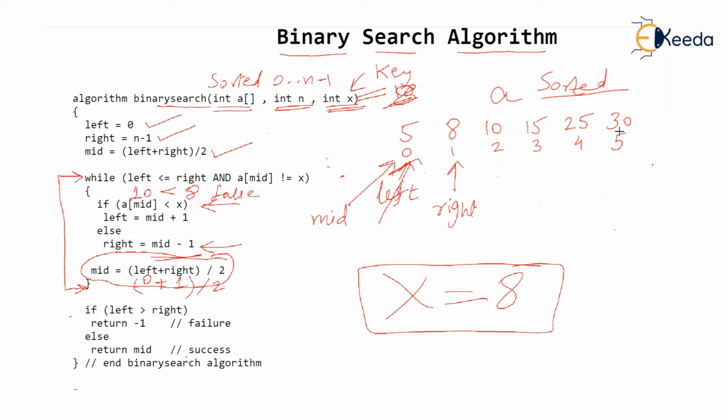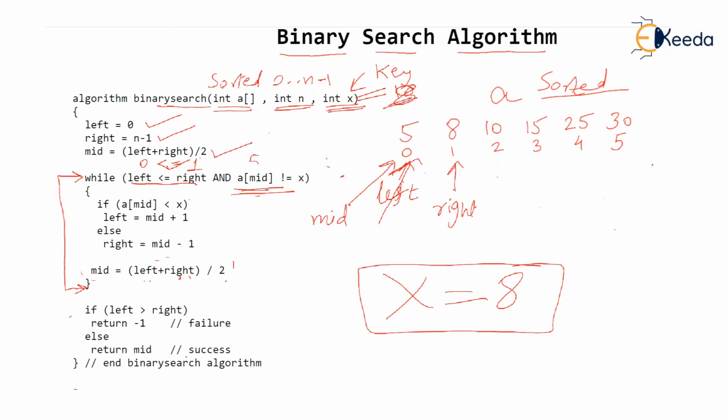Okay. Now let's go back to the while loop and recheck the condition. The condition holds true again. Observe the while. The first condition holds true because left is less than or equal to right, because 0 is less than or equal to right, which is 1 now. And a of mid, observe, a of mid is 5 because a of mid means a of 0, that's 5.